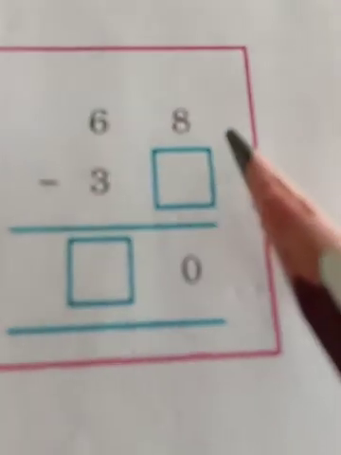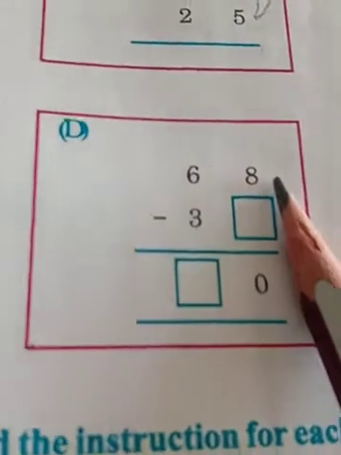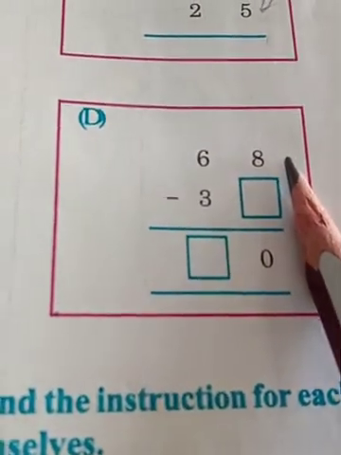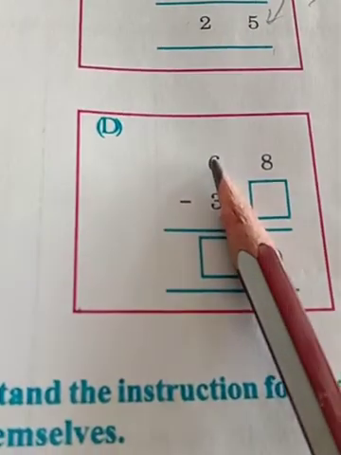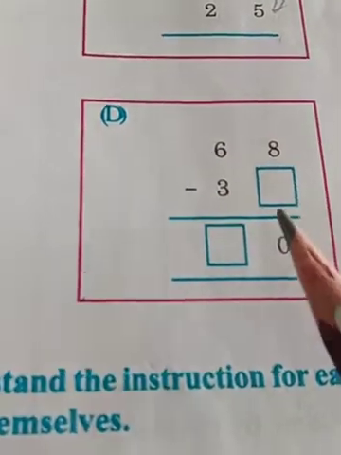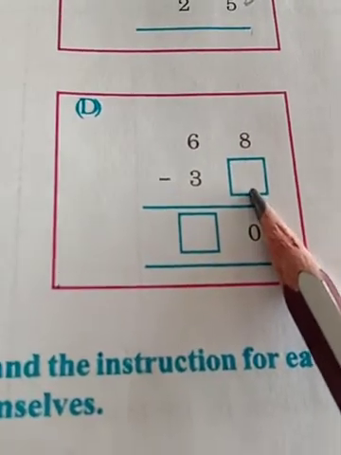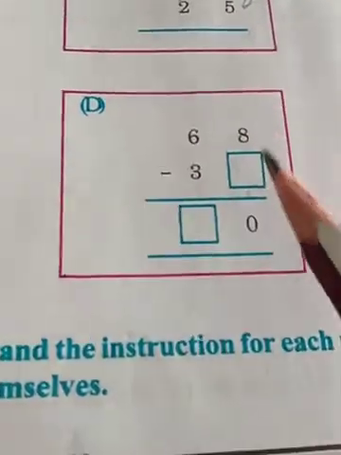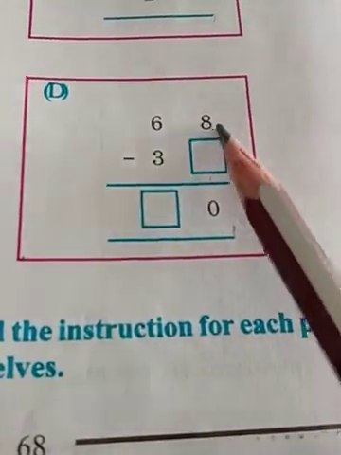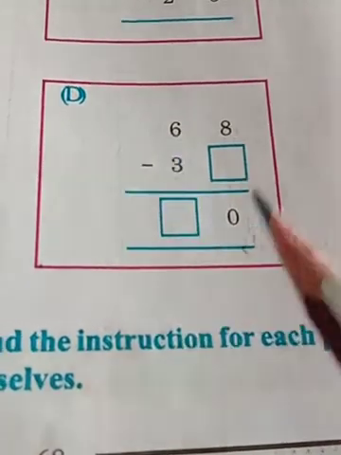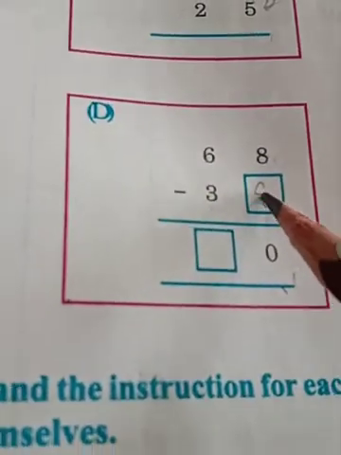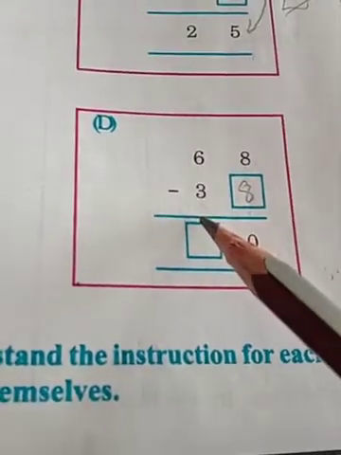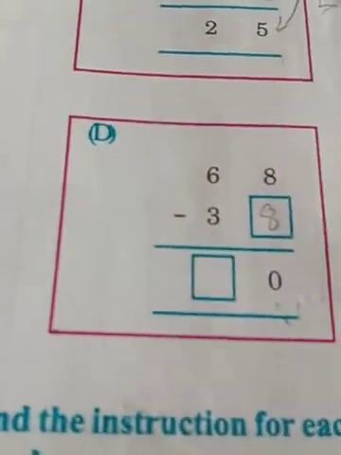Here 68 minus blank. In 1's place which number is there? 8. 10's place 6. In 1's place the number is not there, 10's place 3. So 8 minus, here also 0 only will come. 8 minus 0, 8. 6 minus 3. Here do 6 minus 3.